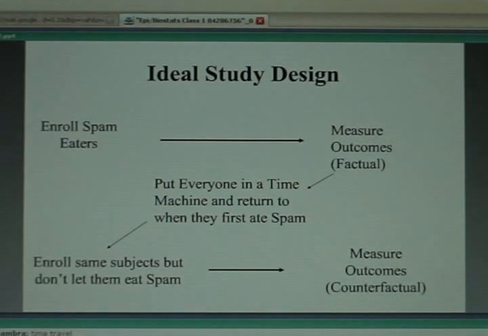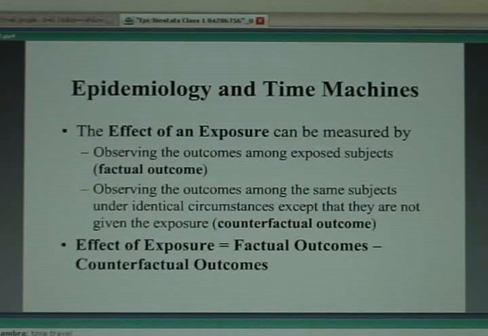So now what I could do, and to get an idea of the effect of spam, is I could compare the actual outcomes that happened to those spam eaters, the factual outcomes, to what would have happened to those same people under identical situations where everything else is the same, except they never ate spam. Those would be the counterfactual outcomes.